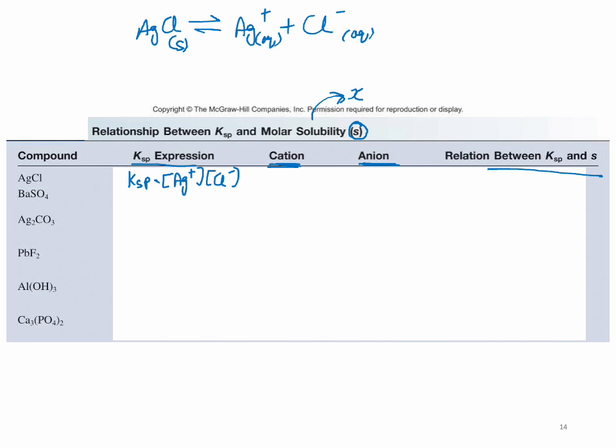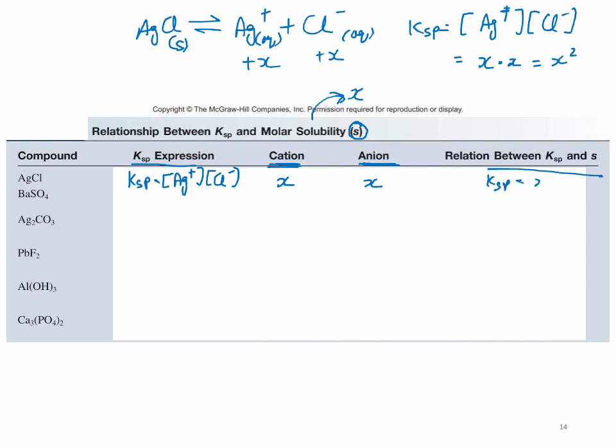So cation concentration is going to be plus X. This is also going to be plus X. So this is X, this is X, and the relationship for KSP is silver ion concentration times chloride ion concentration, which is X times X, which gives me X squared. So KSP is X squared.